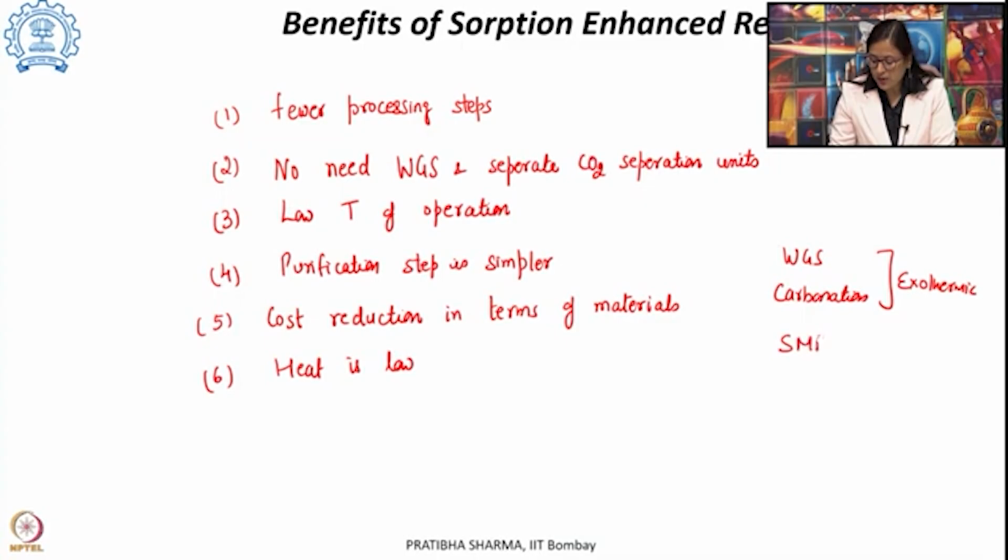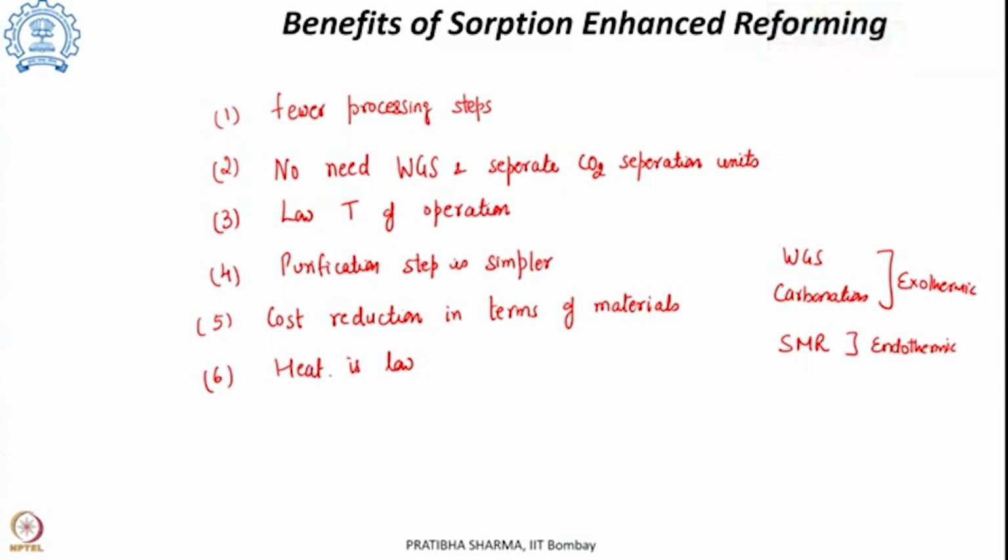That provides the required heat of reaction for the endothermic steam methane reaction. So either a very little amount of energy is required or the reaction proceeds in a thermoneutral manner. So the heat required is low or the energy consumption is low. The fuel requirement for providing the required heat of reaction is also low in this case.